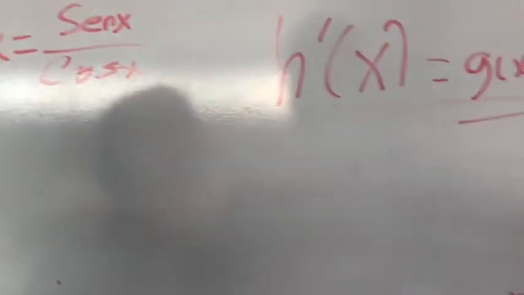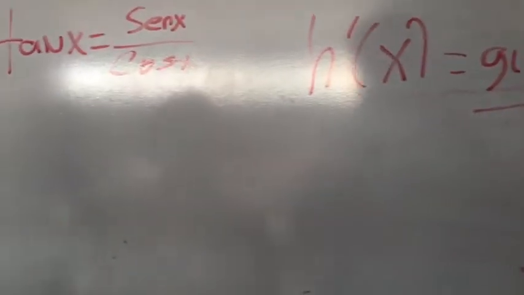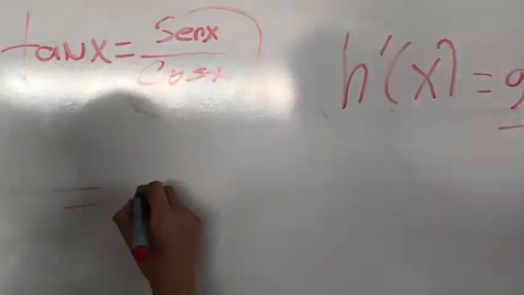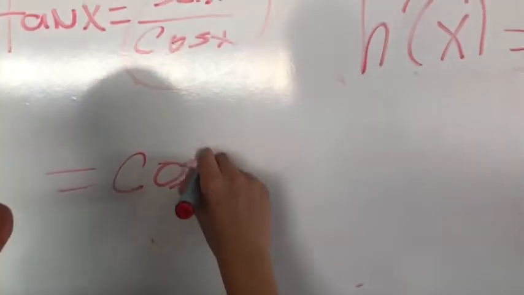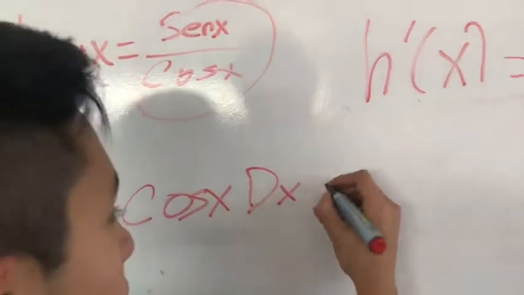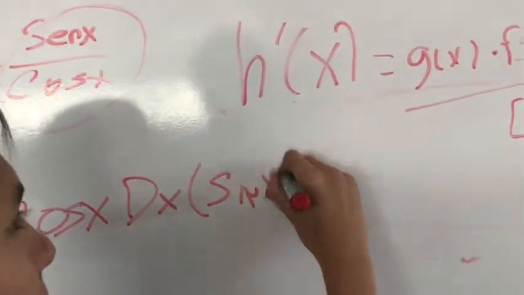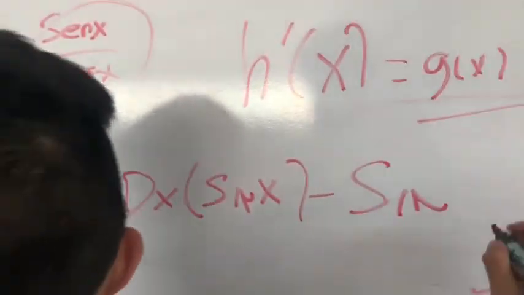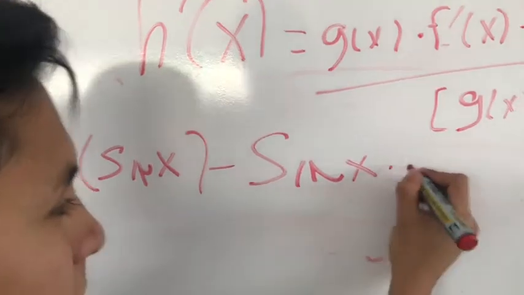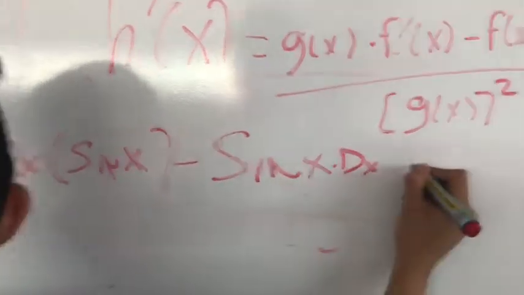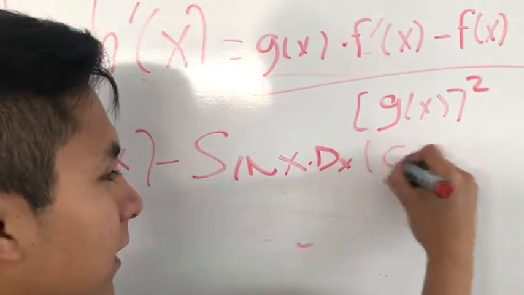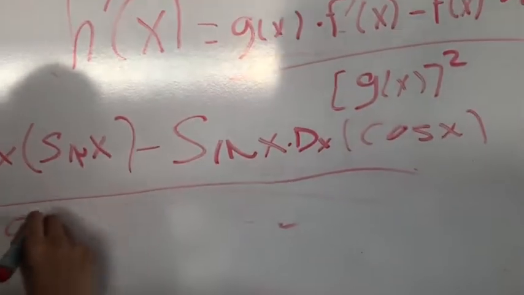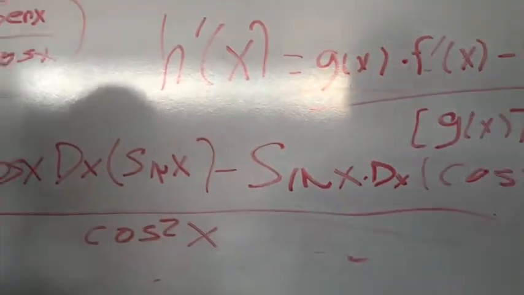Now we only need to substitute the values, so it goes like this: the derivative of sine of x, that is cosine of x, times cosine of x, minus sine of x times the derivative of cosine of x, that is minus sine of x, and this over cosine squared of x.